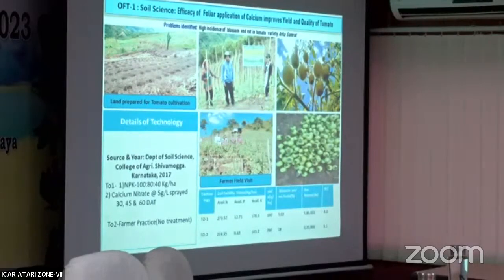Moving on to soil science OFT number 1: efficacy of foliar application of calcium to improve yield and quality of tomato.